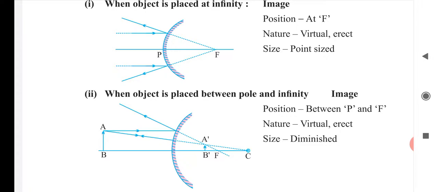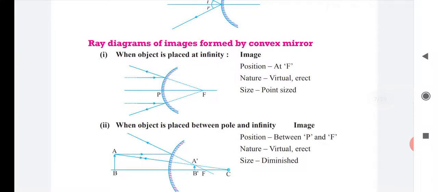You can see the difference between AB and A dash B dash. AB is upright, A dash B dash is also upright, that means the image is erect. And see the size: AB is large, A dash B dash is small, so the size is diminished. These are the two ray diagrams of image formed by convex mirror.